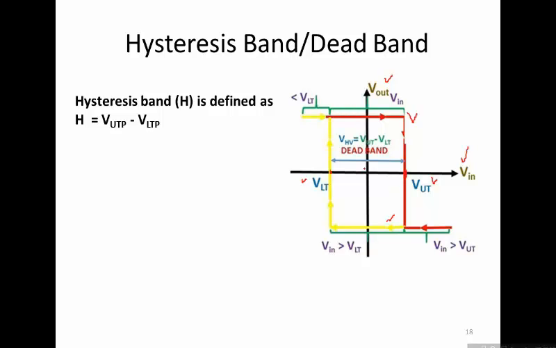For example, if the output is plus VCC, it goes to minus VCC when you cross this trigger point, and it stays negative all the way through the dead band.